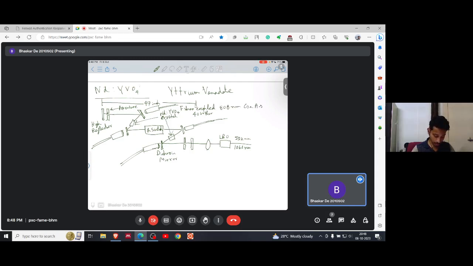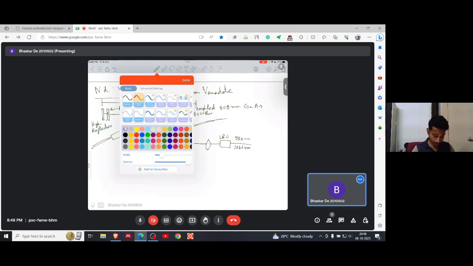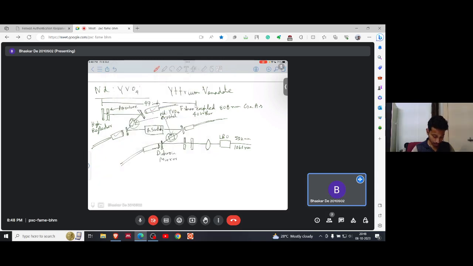So these two are the vanadate crystals which are pumped using this fiber coupling. This one, this one, this one, and this one are the gallium arsenide diode bars.